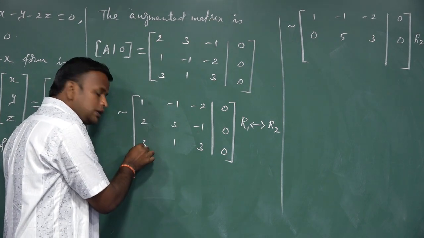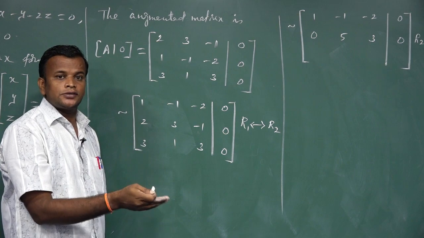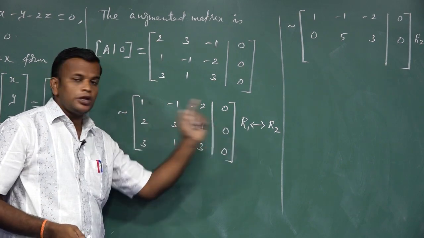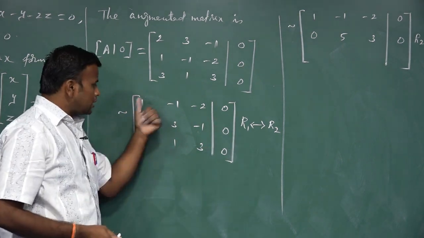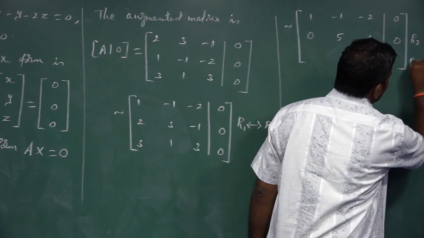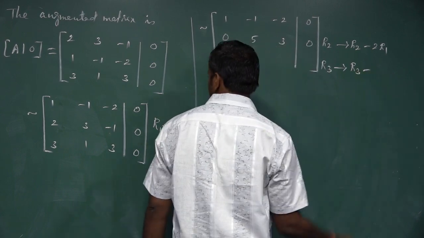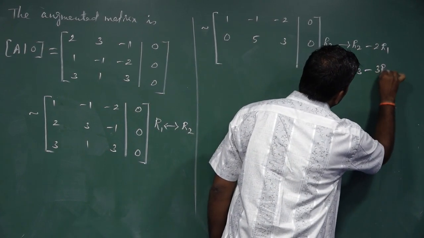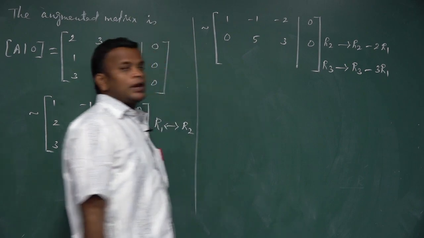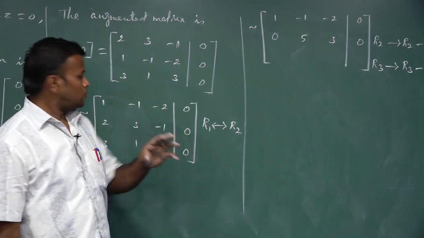We write R3 as R3 minus 3 times R1, same sign, so minus. Suppose we multiply the first row fully by the number 3, 3 minus 3 becomes 0. So we write R3 as R3 minus 3R1. We write the third row fully, the third row minus 3 times the first row.